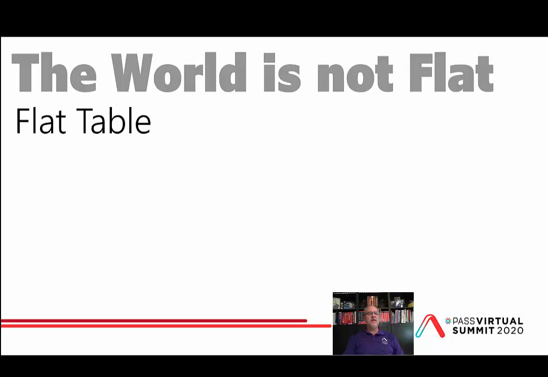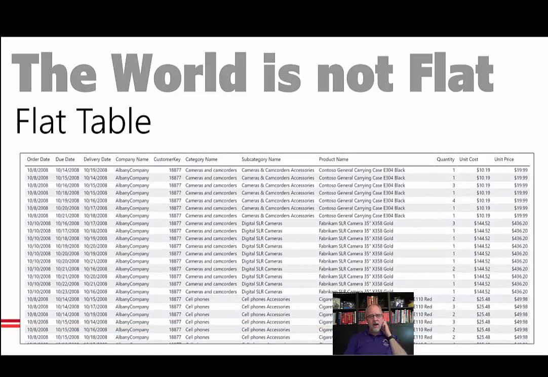I'm going to take some common sales data. You've probably seen examples like this before in the AdventureWorks database or the Contoso database. It doesn't matter. I'm using the Contoso DW database, but everybody understands retail sales data, so that's what we're going to use as an example. So in this example, I have retail sales order records.